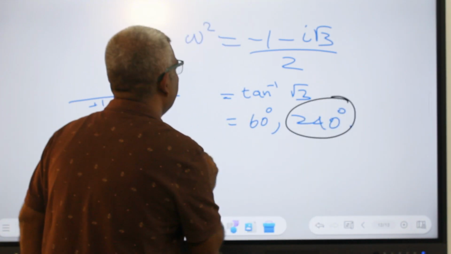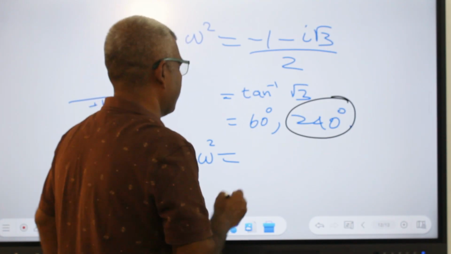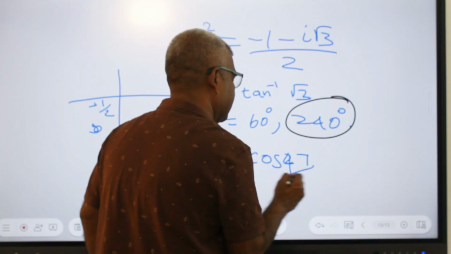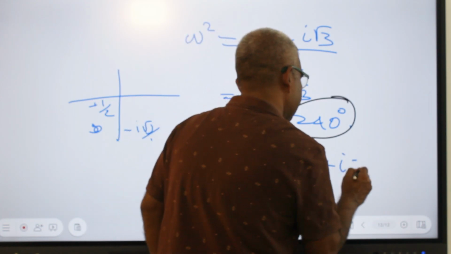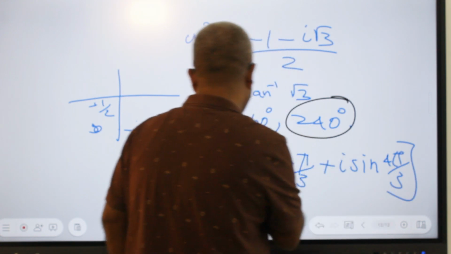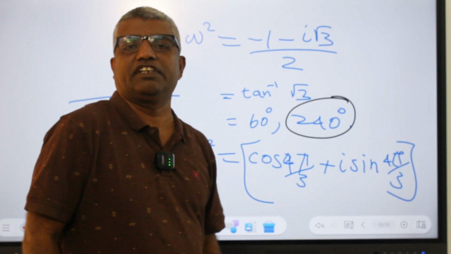So for omega squared, r will be 1 only. Omega squared is cos 4 pi by 3 plus i sin 4 pi by 3, that is cos 240 degree plus i sin 240 degree.